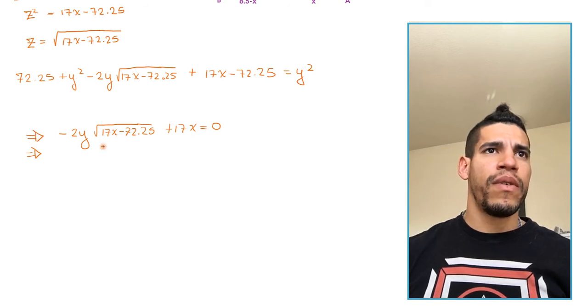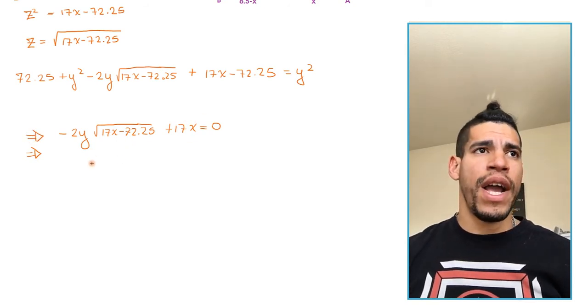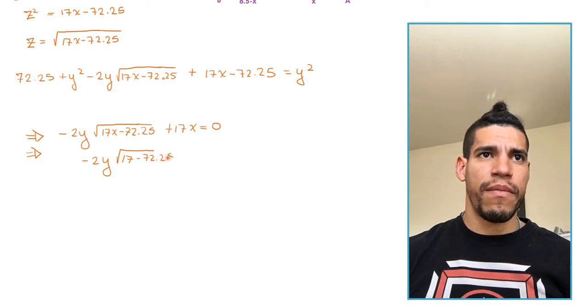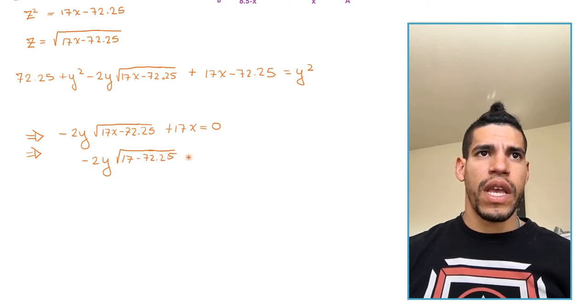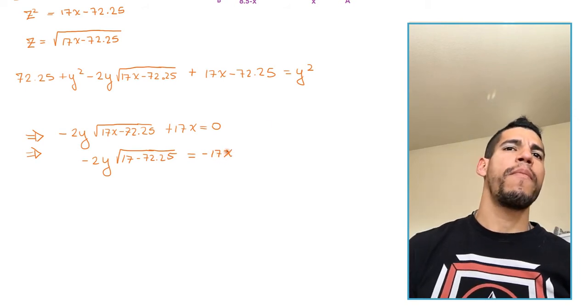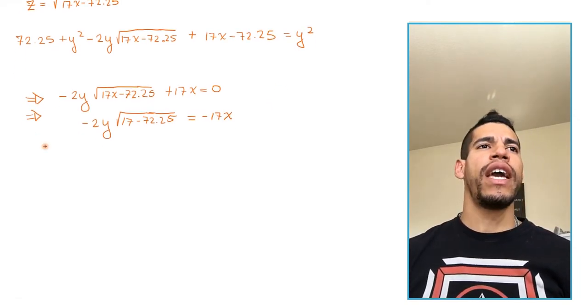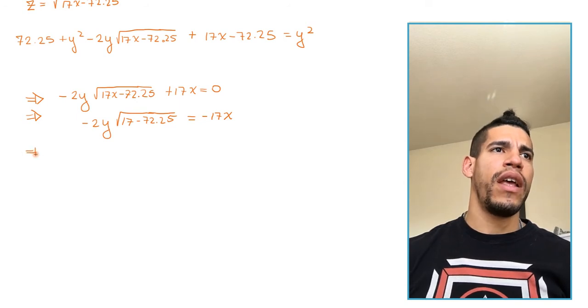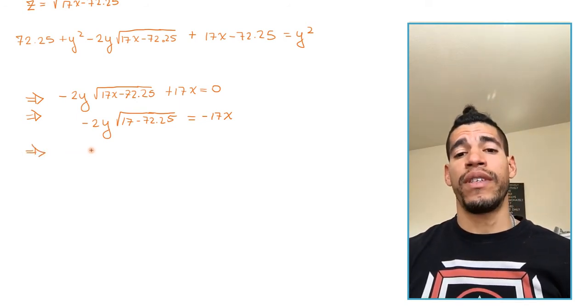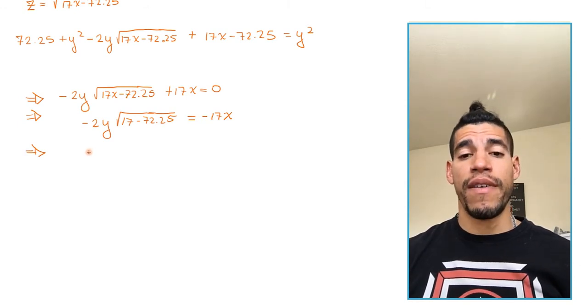And now I'm going to isolate for y. So you've got negative 2y square root of 17x minus 72.25 equals negative 17x. Okay? Now we divide by negative 2 square root of 17x minus 72.25 on both sides.